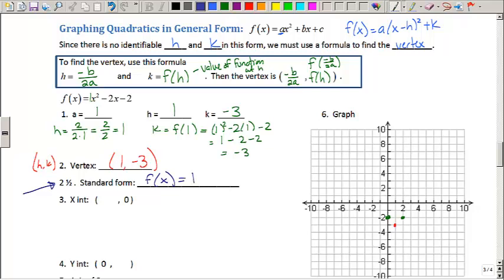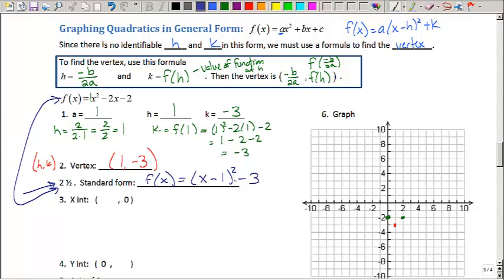You can write the 1, or we probably don't need to write the 1. X minus h squared, but my h is now 1, plus k, and my k is negative 3. So this is my standard form of the equation. This is the same equation as the general form, but now that you know your h and k, you can find your standard form easily.